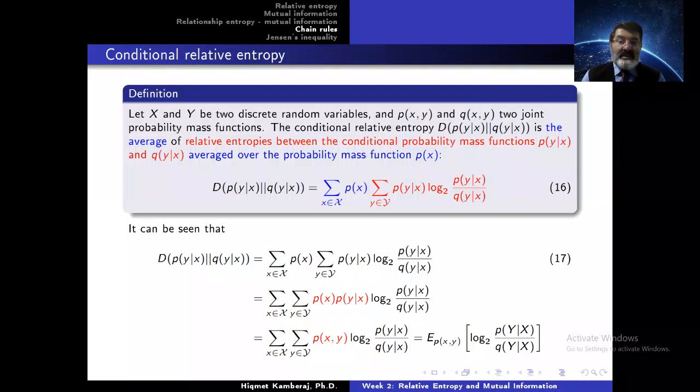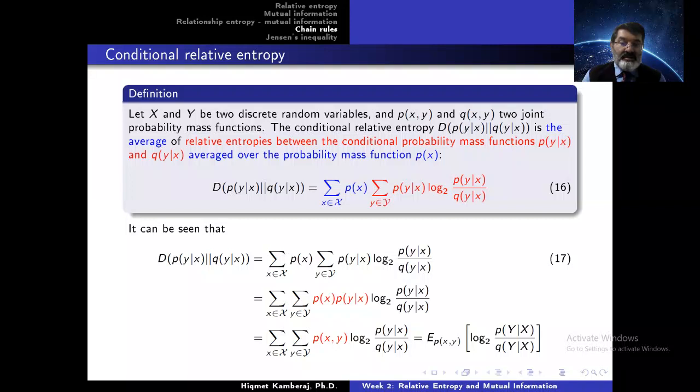Sum of all x's from the alphabet set chi of p of x, sum of all y's from the alphabet set, p of y given x log with base 2 of p of y given x over q of y given x.